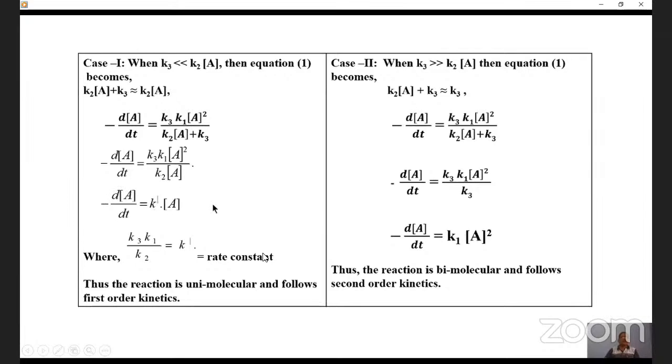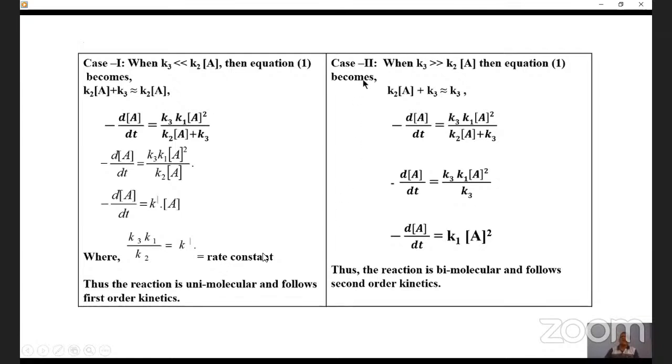If you look at this equation, you will come to know that the rate of reaction is directly proportional to the first power of the concentration of only one reactant A. This means that this reaction follows first order kinetics. Secondly, as only one reactant molecule is involved in the reaction step leading to the formation of product, the reaction becomes a unimolecular reaction.